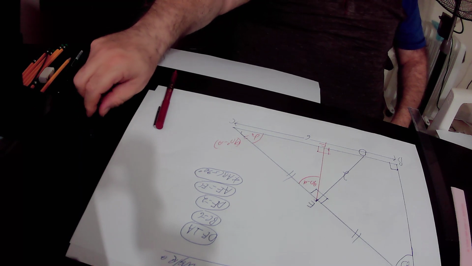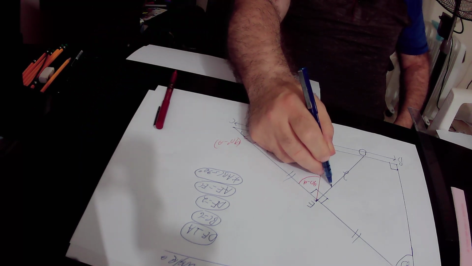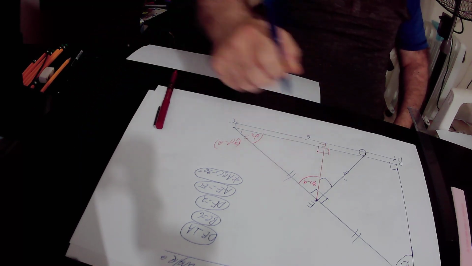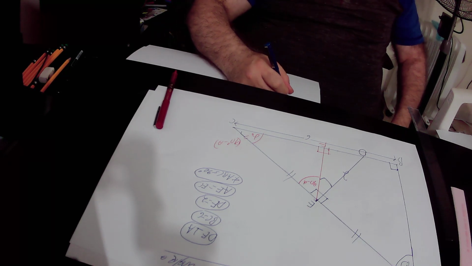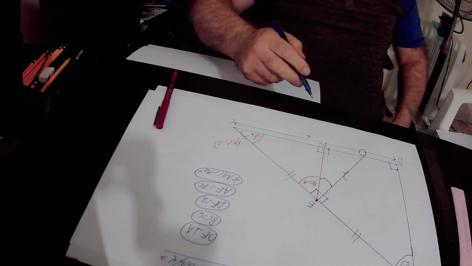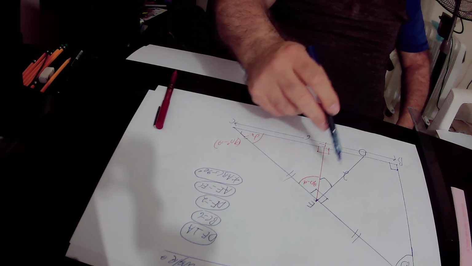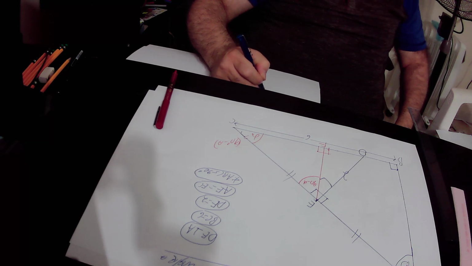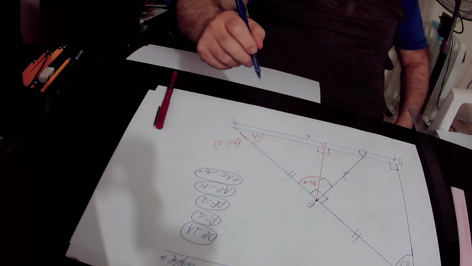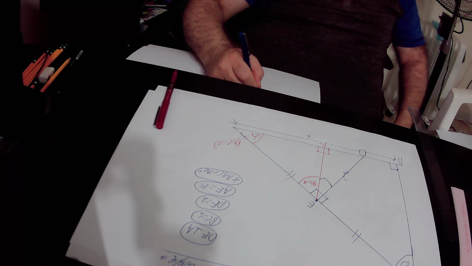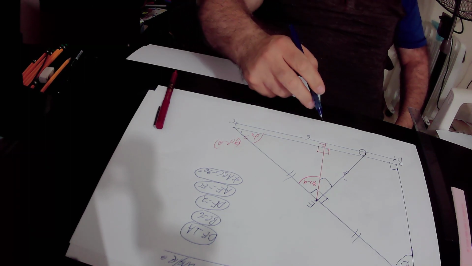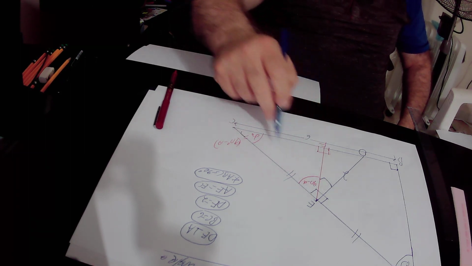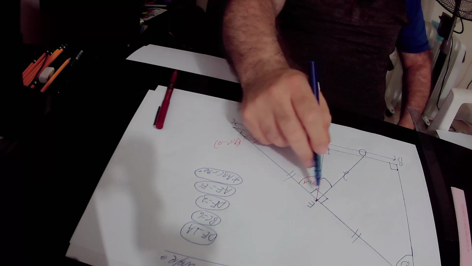The value of the size of this angle DEF will be equal to angle DEC, the big angle DEC, minus this angle that is angle FEC.